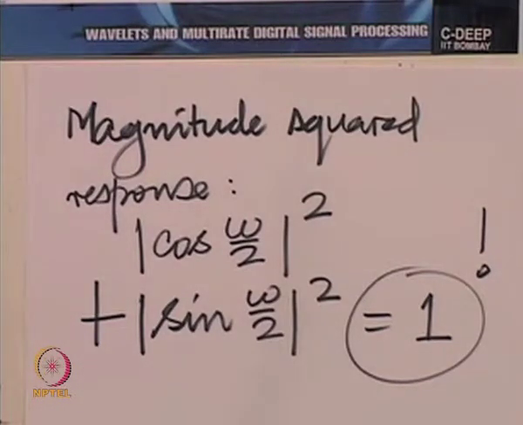Not only does it happen that when you add the two responses together, you literally took 1 plus Z inverse by 2 and 1 minus Z inverse by 2, the actual frequency response is irrespective of Z. In fact, you did not even need to substitute Z equal to e raised to the power j omega.